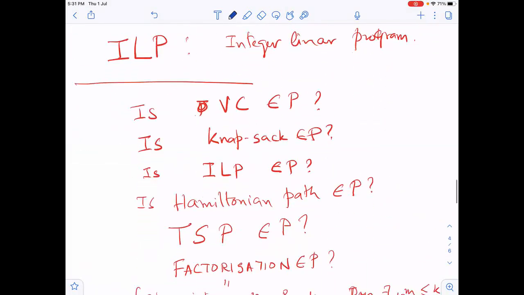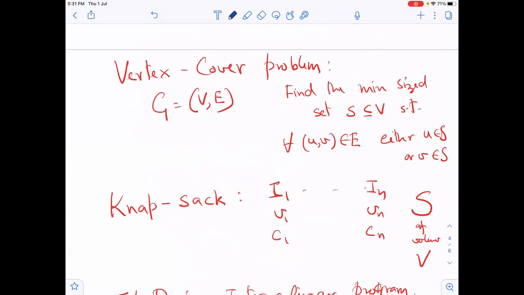Remember the definition. You have to give me a set such that this satisfies, and the size of the set is less than k. I cannot solve the vertex cover problem, but I can check whether the given instance is actually a vertex cover, or in other words, is this one satisfied?